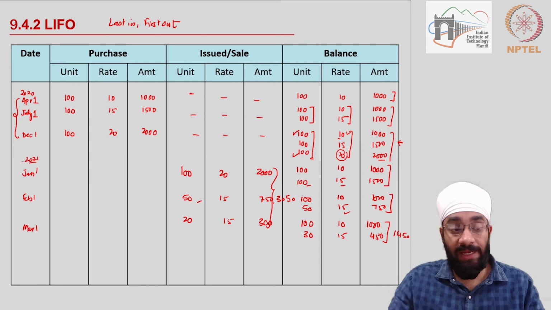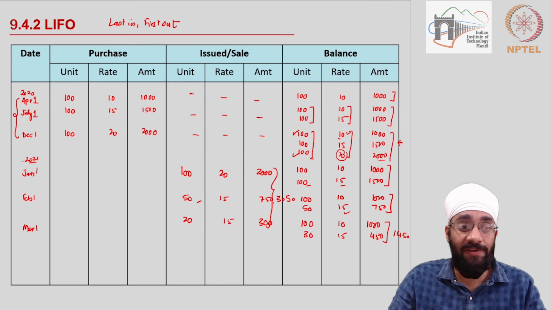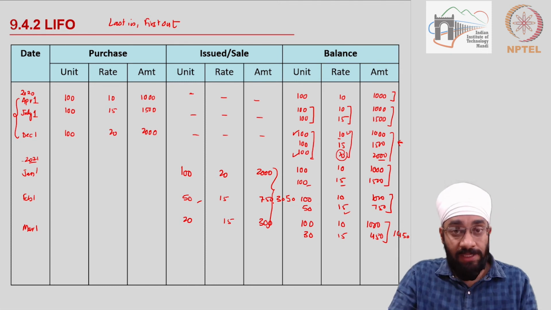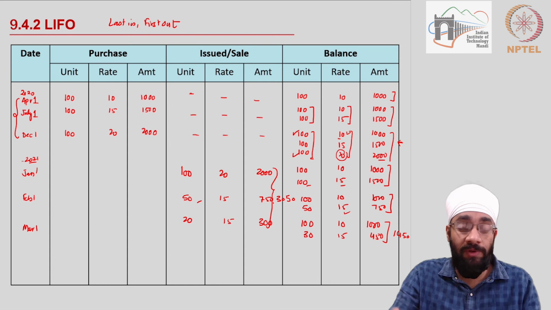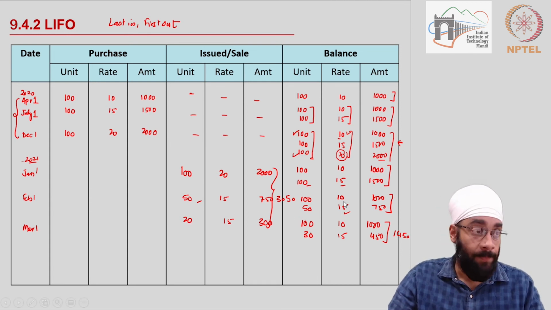So you see that there is a difference between the cost of goods sold according to the first in, first out method, which was 2050, and the last in, first out method, in which the cost of goods sold is 3050. So these fluctuations in prices of the stock lead to this confusion, and therefore we have to maintain a stock accounting internally for the purpose of valuing the stock.